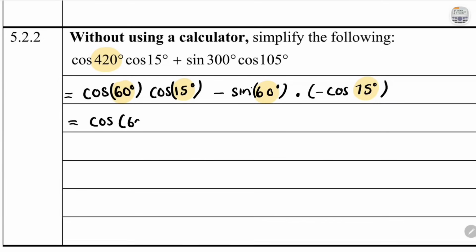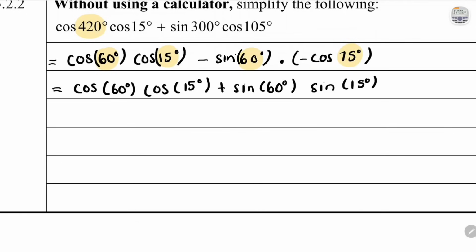Okay, so what we have now is cos 60 degrees, cos 15 degrees, and then minus sine 60 degrees multiplied by, now this is still negative. When they multiply, they'll become positive. So we might as well just make this positive because it's negative multiplied by a negative, which is positive. So now we're going to look at that as cos 75 degrees. How do we change this to its cofunction? We can change it to sine 15 degrees.